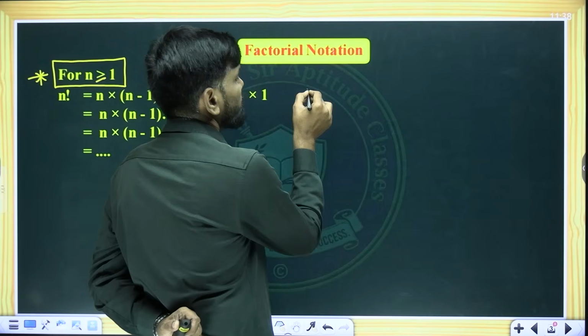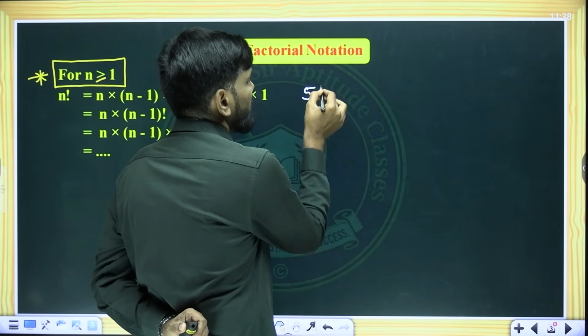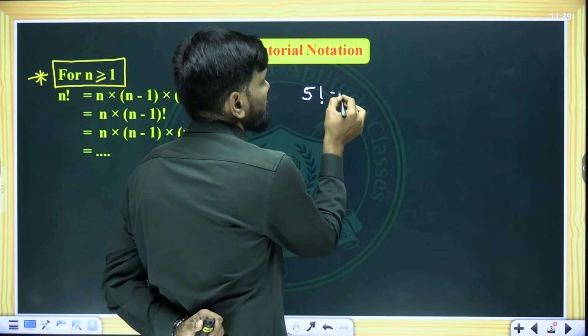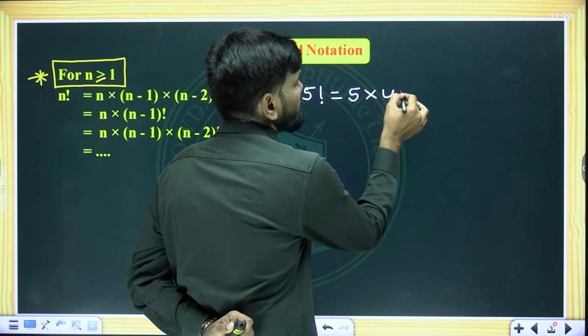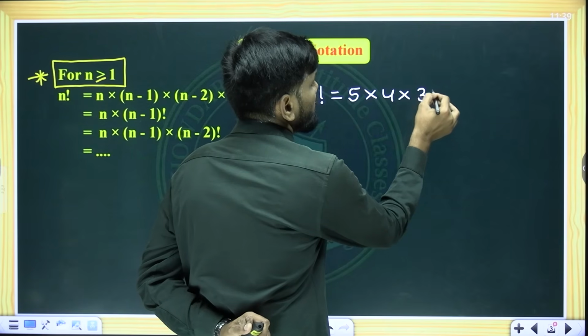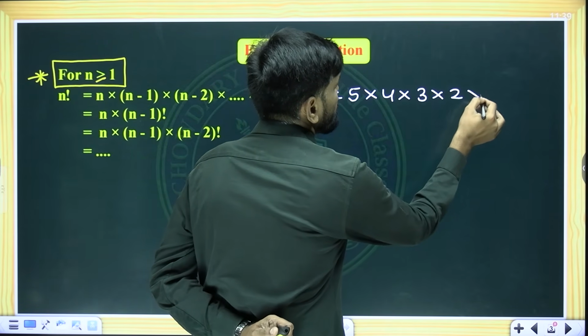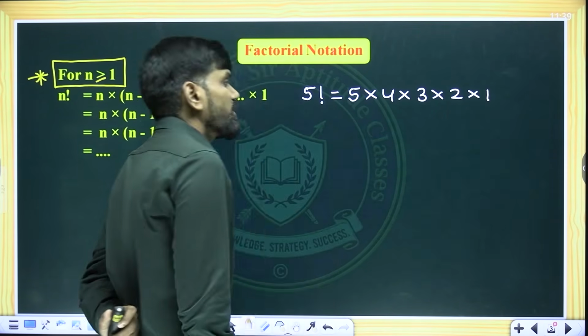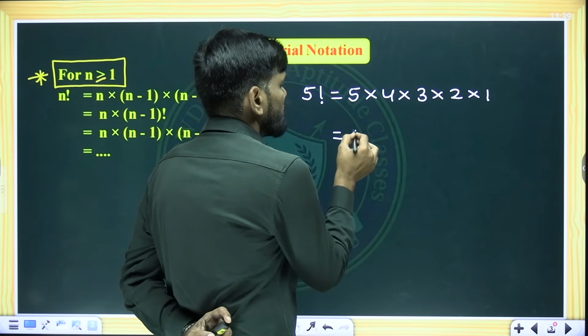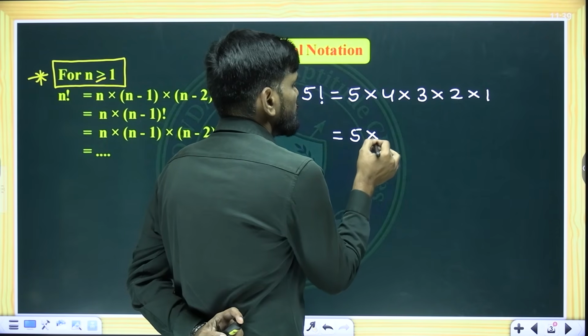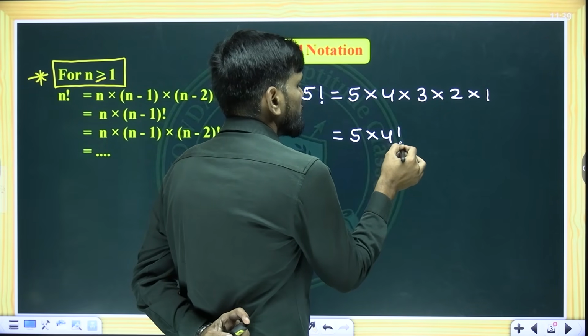Now, say for example, if you have 5 factorial, it is nothing but start with 5, go up to 1. That's what we mean by 5 into 4 into 3 into 2 into 1. This can also be written as 5 into 4 factorial.